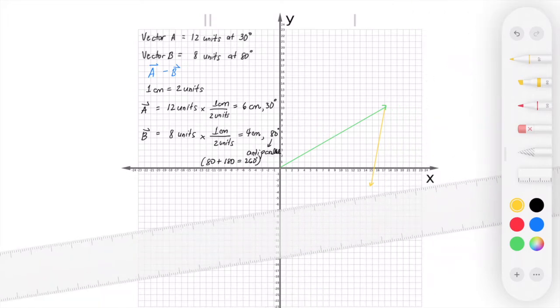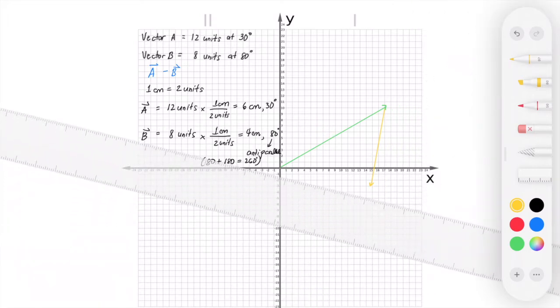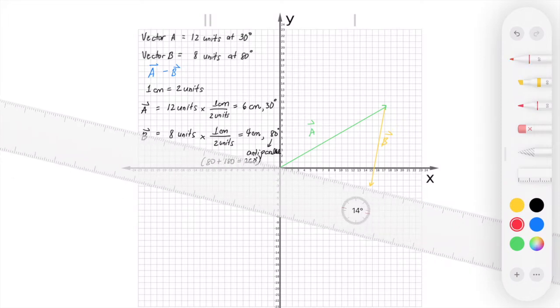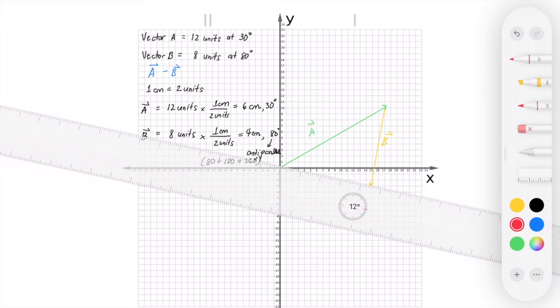And so this now is my resultant vector. By the way, this is my vector A, and then this is my vector B. And so what is now my resultant vector? Let's try to count it.